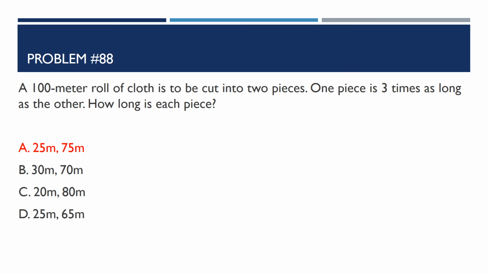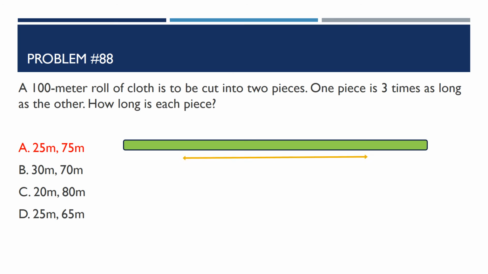So let's illustrate first the cloth, which is 100 meters. And then this cloth, we're going to divide it into 4 parts, where the one with the red dots is the only one that is being cut, and the violets are just to help us analyze.